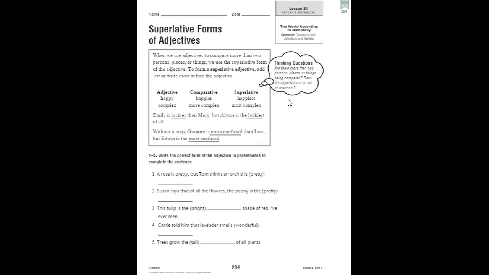I'm going to let you do all of these by yourself, remembering that when you're doing superlative, when you're comparing more than two things, then you need to use that est. Not all of these are comparing more than two things, so be careful.